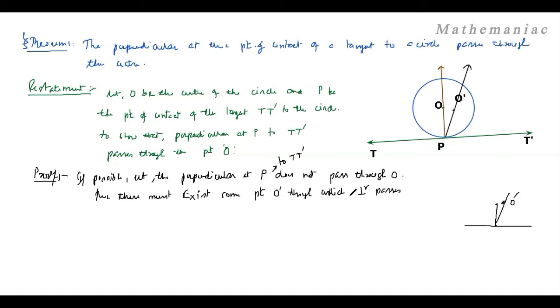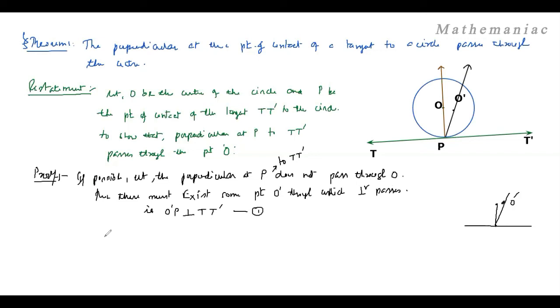That perpendicular, right? That is O dash P must be perpendicular to T dash. That is O dash P must be perpendicular to T dash. Right? This is number one.